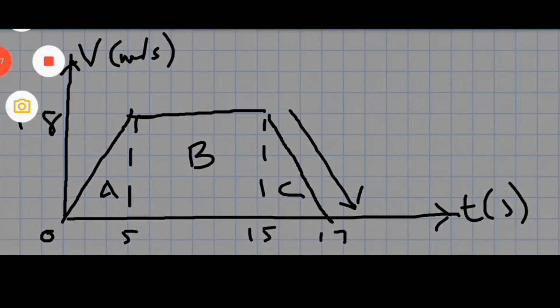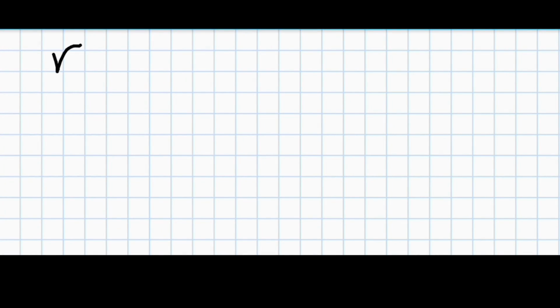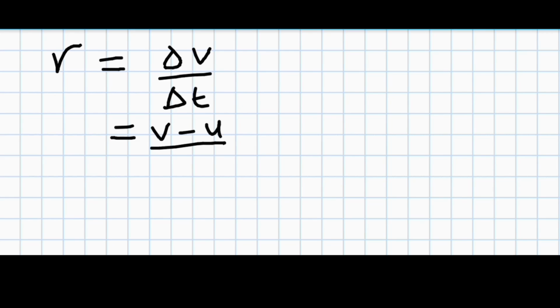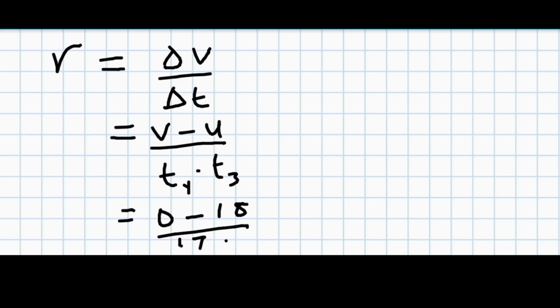So we are going to have retardation R will be equal to change in velocity over change in time, which of course will be V minus U over, let's call this T4 minus T3, which will be 0 final velocity minus 18 all over 17 minus 15, which is going to give us minus 18 divided by 2.